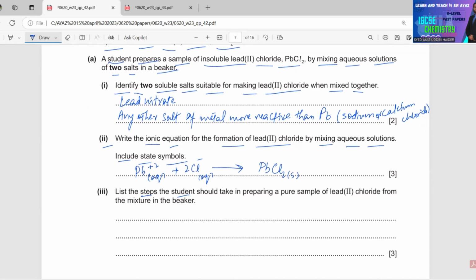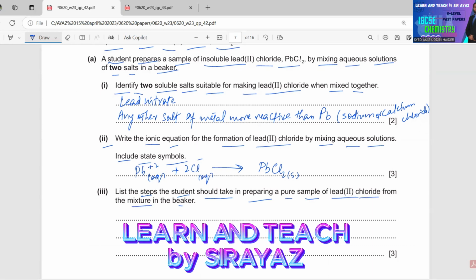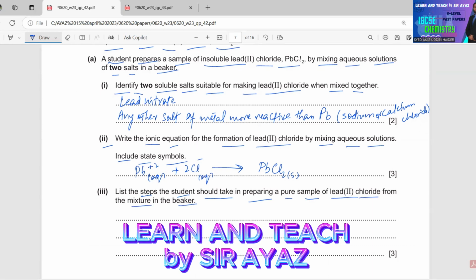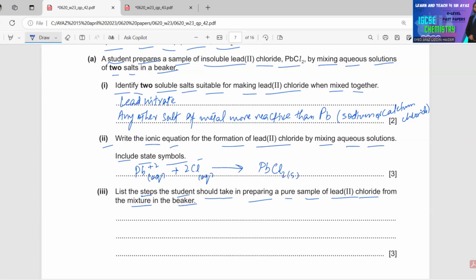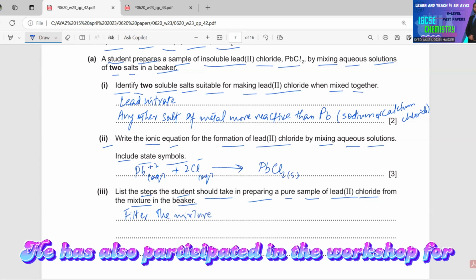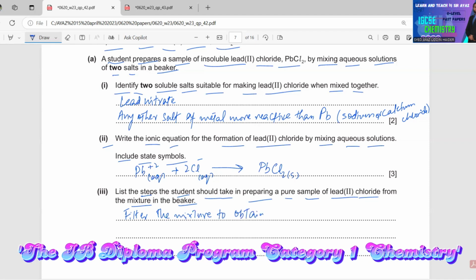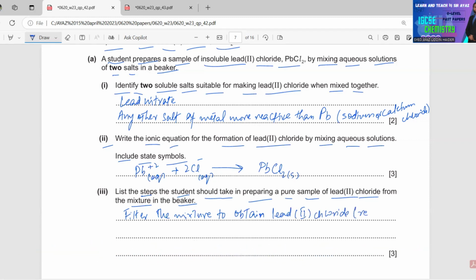List the steps students should take in preparing a pure sample of lead(II) chloride from the mixture in the beaker. Now the student has to filter it and wash the residue with deionized or distilled water, then dry the residue in a warm place. So you write: filter the mixture to obtain lead(II) chloride as residue.